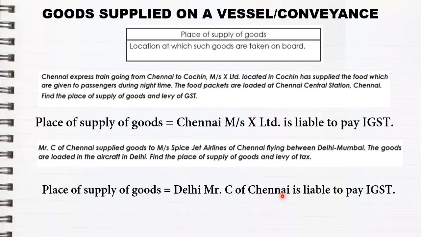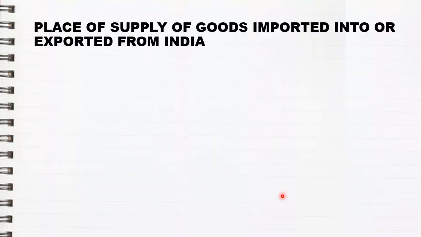So these were basically the five important rules which we have to remember for place of supply. Now, in addition to this, there is another rule which we have to remember: place of supply of goods imported into or exported from India. So if the goods are imported into India or exported from India, what is the rule of place of supply of goods?